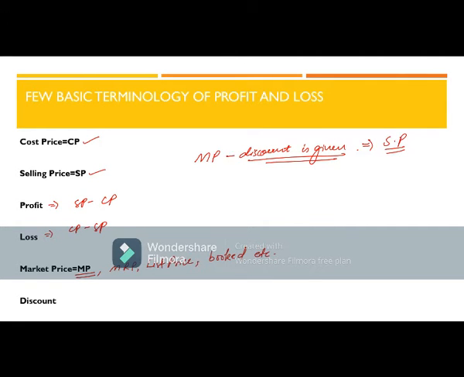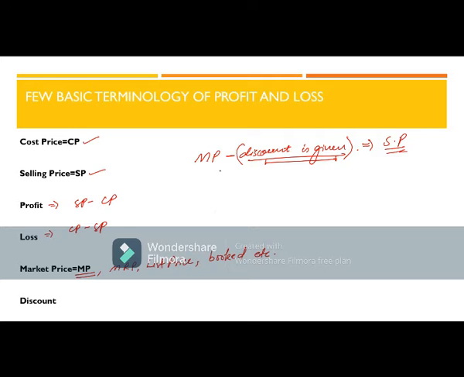So we always give a discount on market price, and after giving the discount, the final price paid by the customer is called selling price.